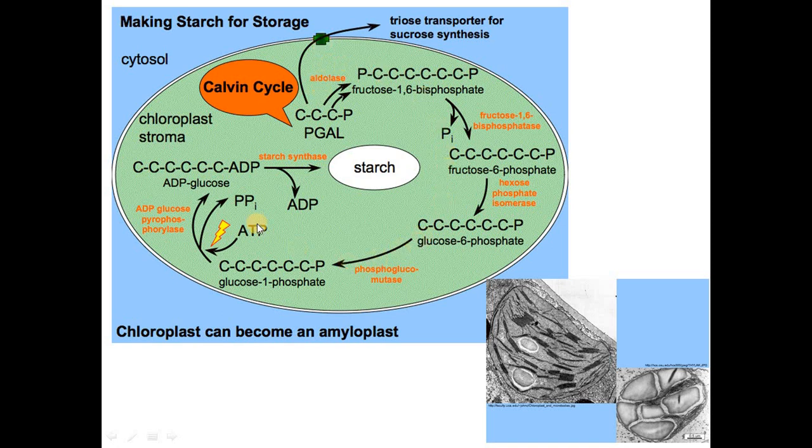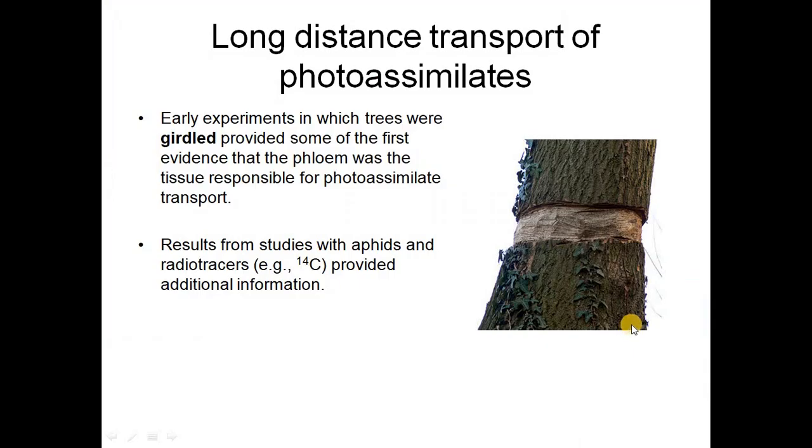So there will be only production of starch. And you will see that if you expose plants to low light conditions, you can see chloroplasts starting to build up starch, and they can actually convert themselves into amyloplasts, which is pretty amazing.